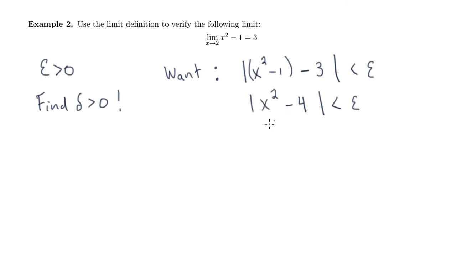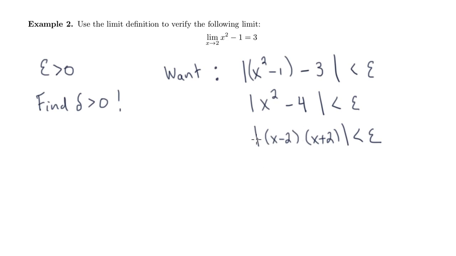Notice that this factors. So this actually factors as x minus 2 times x plus 2. And the nice thing here is that this absolute value of x minus 2 is related to what I want to show is less than delta.